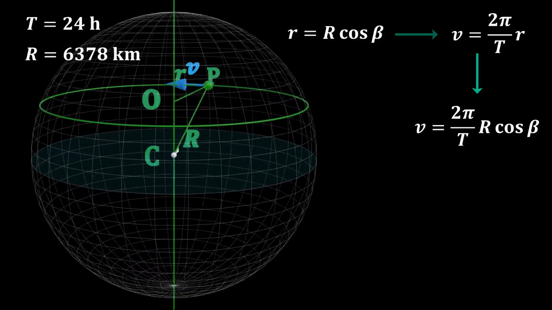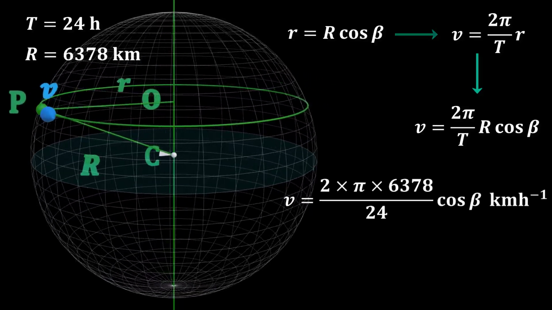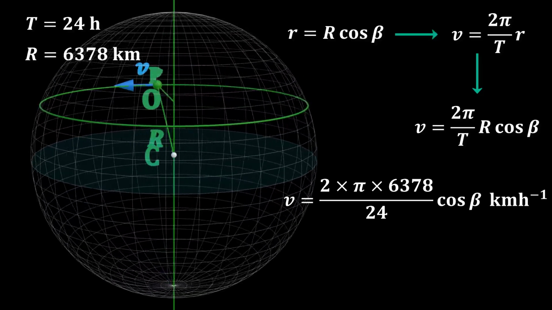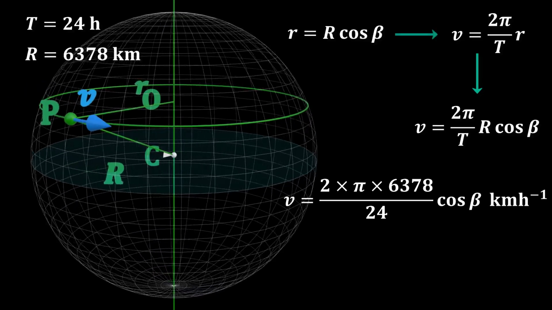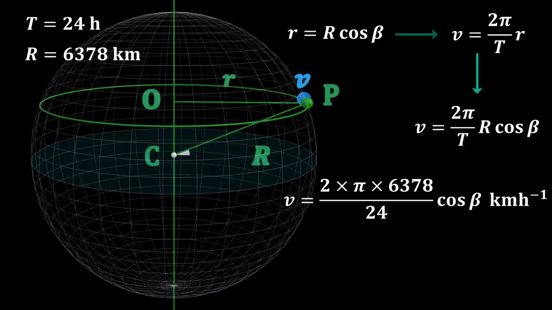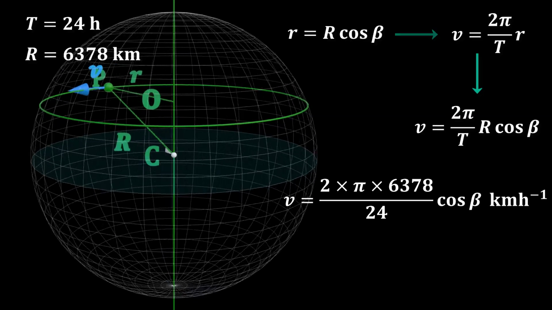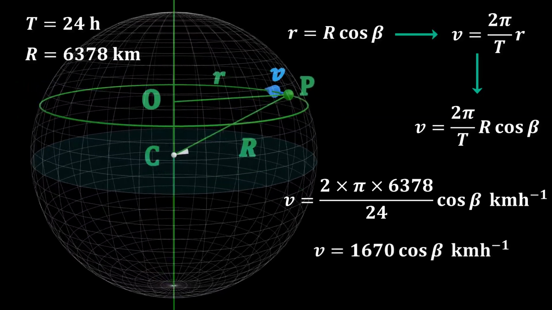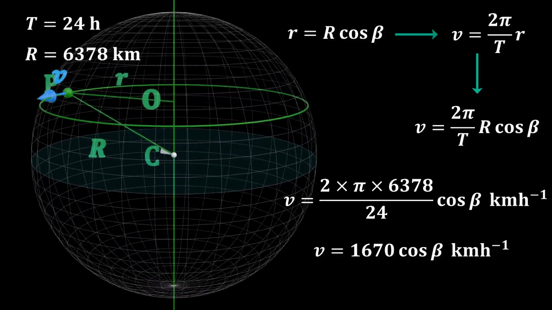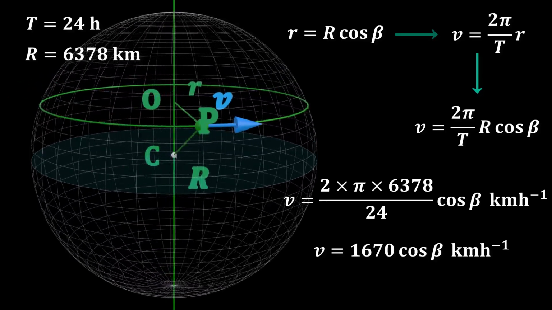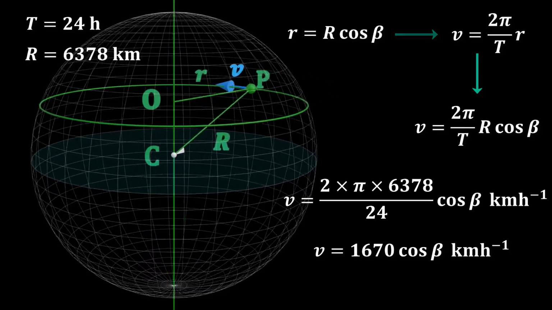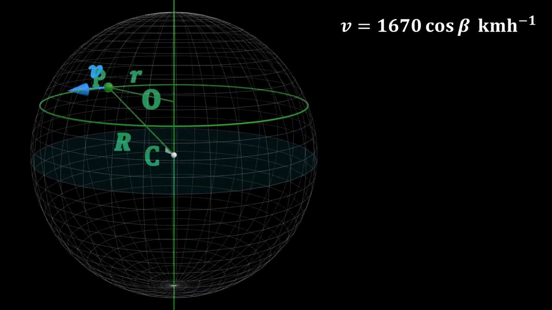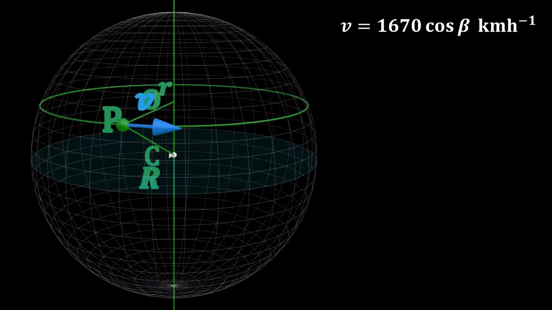Substituting these values, we have V equals 2 times pi times 6,378 divided by 24 cos beta, and this is going to be in kilometers per hour, and we should obtain 1,670 cos beta in kilometers per hour to 3 significant figures. For any latitude beta, we can obtain the speed of a point on the surface of the Earth.